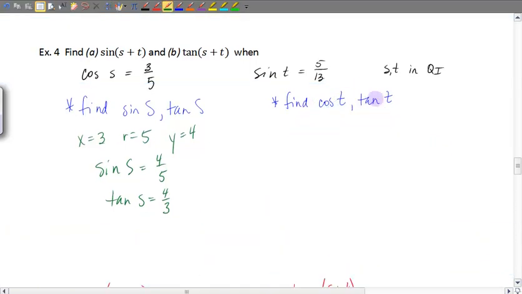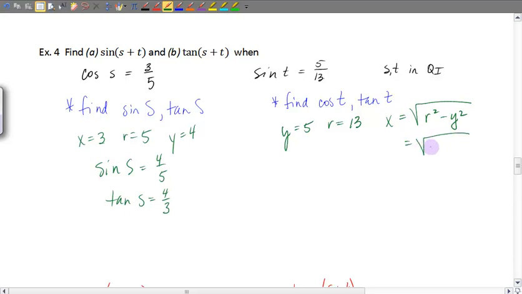So in this case, since I know what the sine is, I know that the sine is y over r. So y is 5, r is 13, and x is going to be, remember we can use the Pythagorean theorem, the square root of r squared minus y squared.